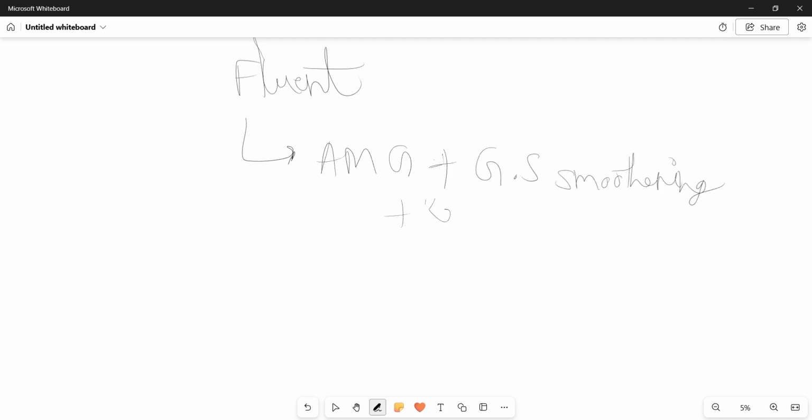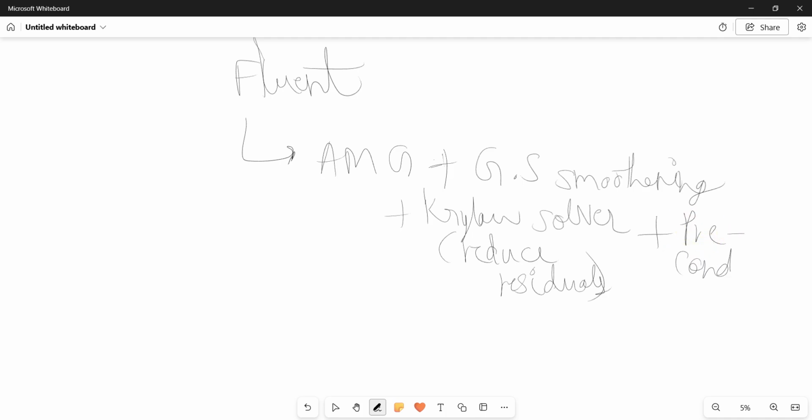Then it uses Krylov solver to reduce your residuals, and plus preconditioning, right? So we have discussed all this, and this is what goes in the backend when you are running a mathematical model behind, right?